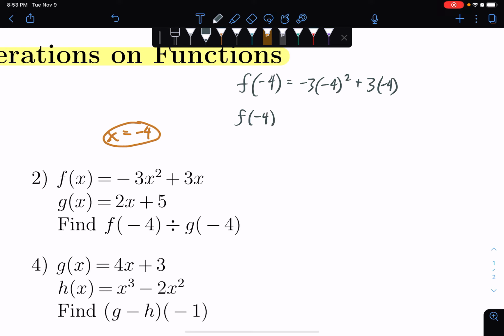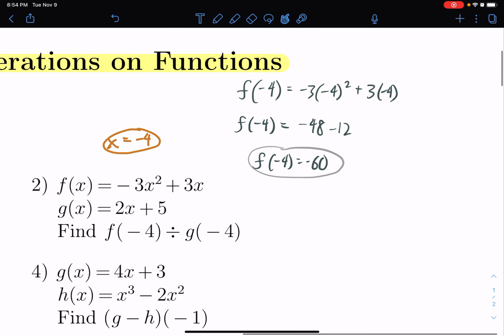F of negative 4 is equivalent to negative 4 times negative 4 is 16, positive 16. Negative 3 times positive 16 is negative 48, and 3 times negative 4 is negative 12. So when you combine negative 48 and negative 12, you get negative 60.